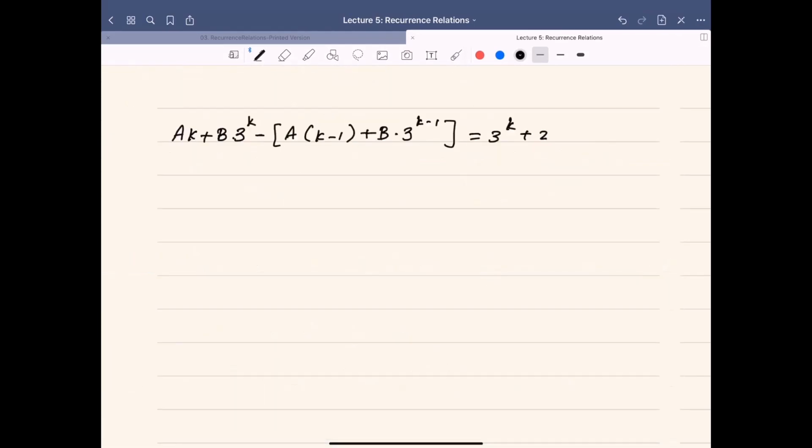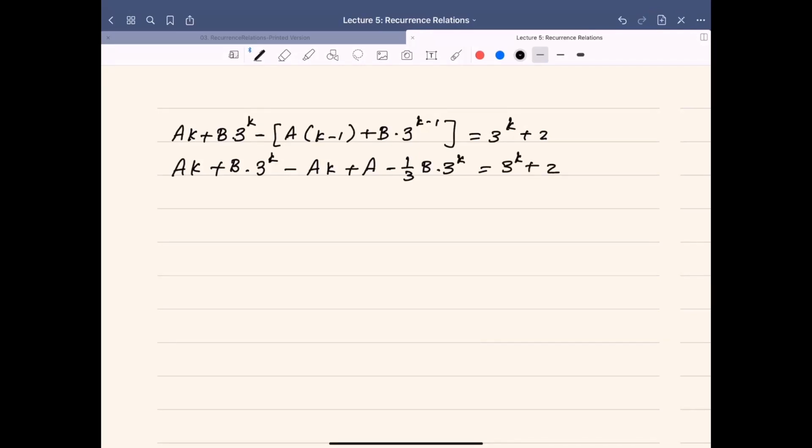Do the simplification. So this will be equal to A·k plus B times 3^k minus A·k. Here I will multiply minus to both terms, plus A minus 1 over 3 B times 3^k is equal to 3^k plus 2.